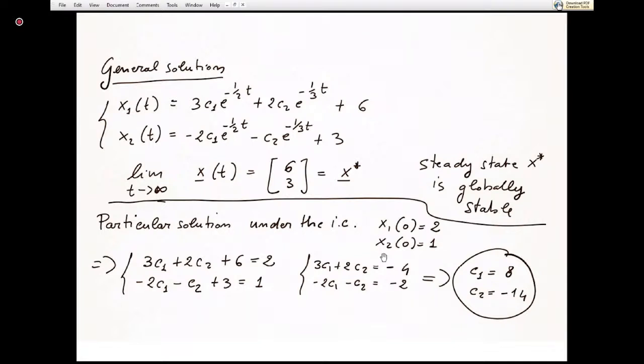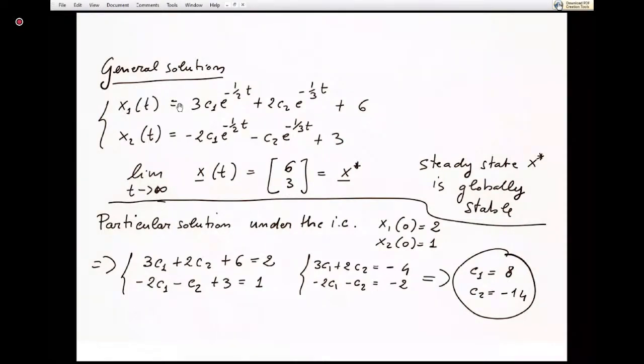And if we impose a particular solution, we find basically two values for the two constants, 8 and minus 14. Okay, is that clear what we do here?